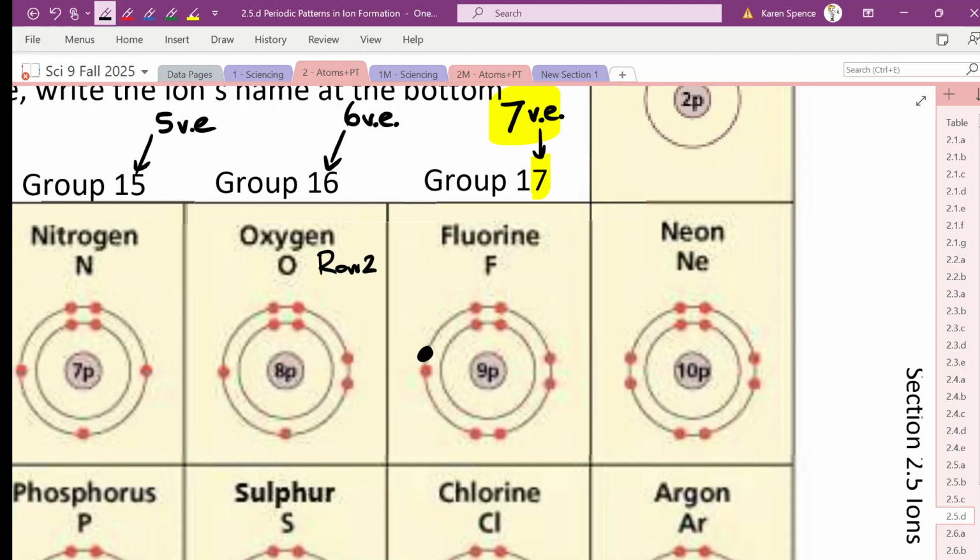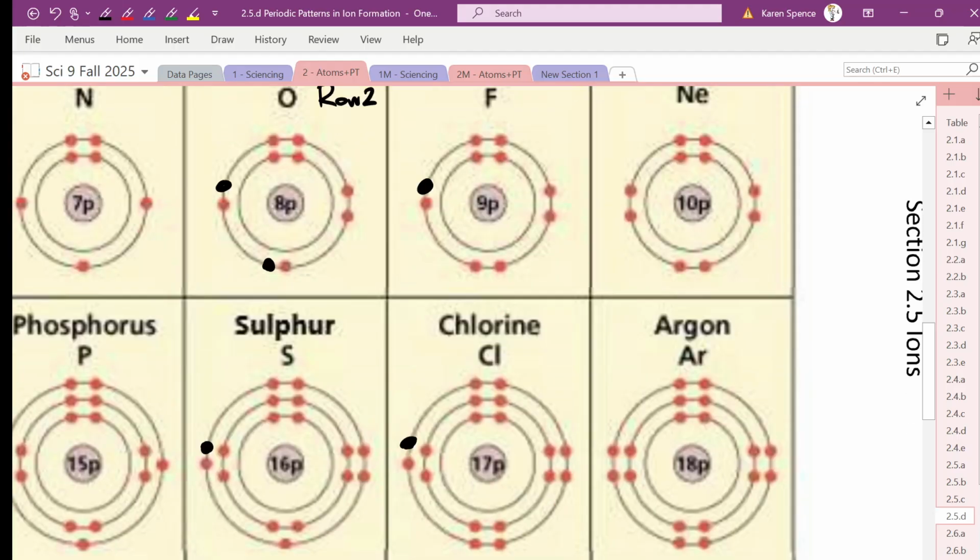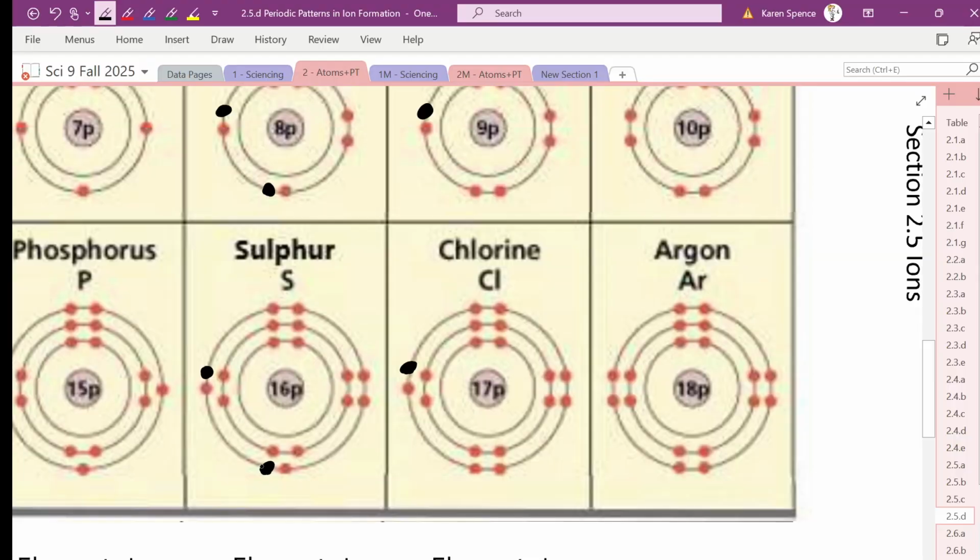I know that it's in group 16, so it has 6 electrons on its outer shell. So I can draw 1, 2, 3, 4, 5, 6 on the outer shell. So if you want to use those kind of tricks to help you do it a little faster, you can do that. Okay? In the meantime, in group 16, we should draw in our extra electrons.